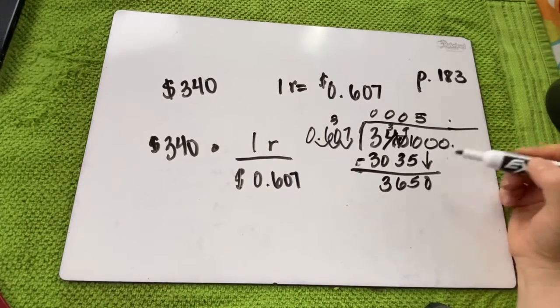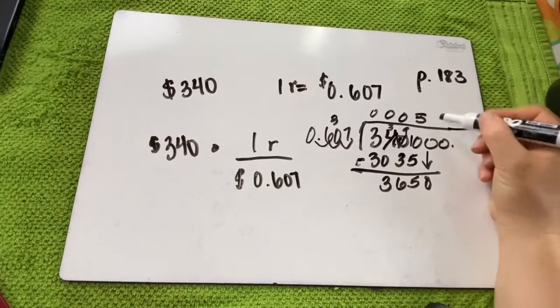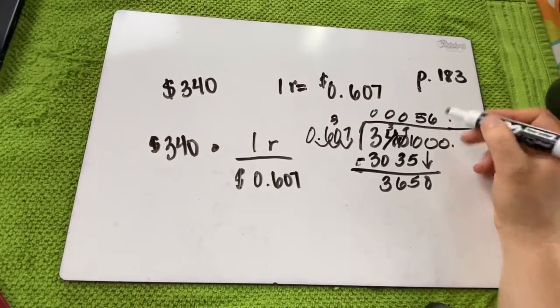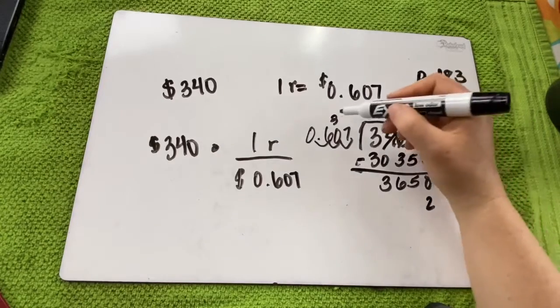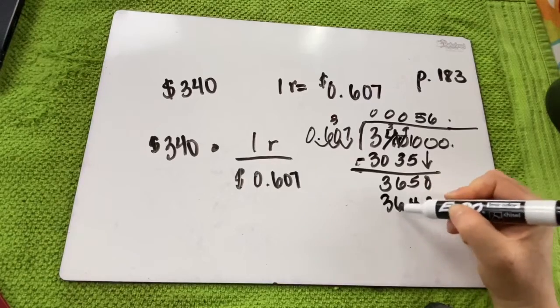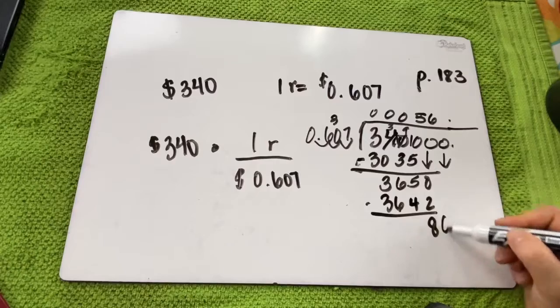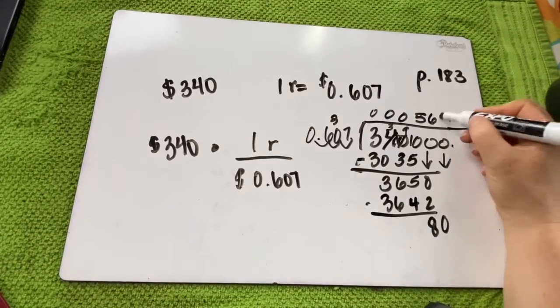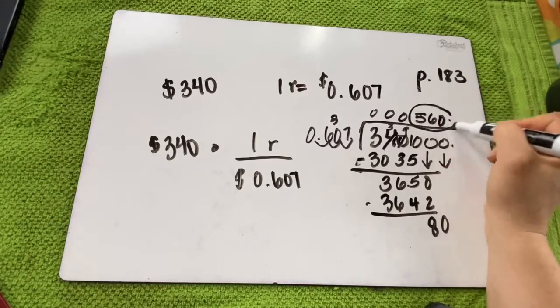Bring that 0 down. Can this go into that? Yes, 6 times, I'd say. So we got 6 times 7 is 42. And then 6 times 6 is 36. So we got 8 left over. Drop a 0. Can it go into 80? Nope. Okay. That's all they want, really, right there.